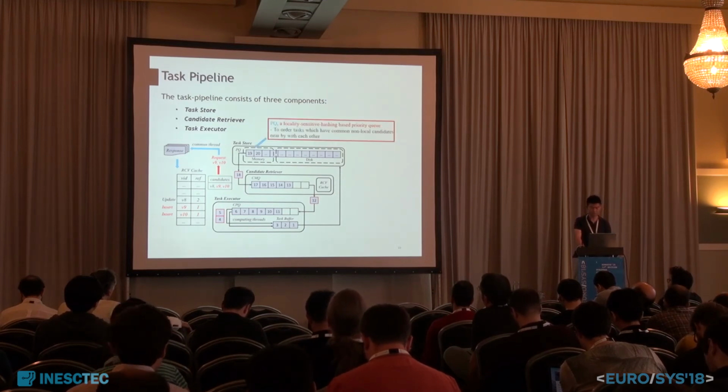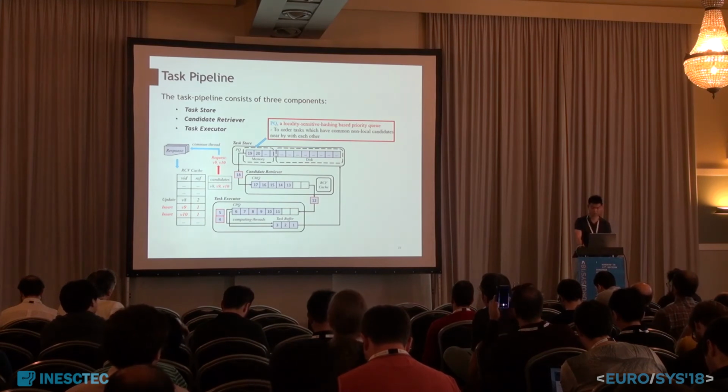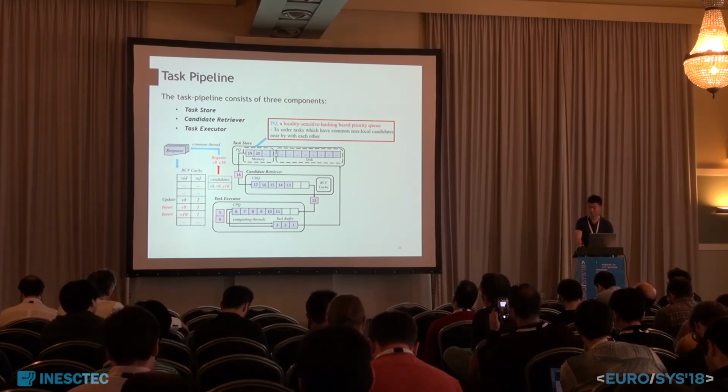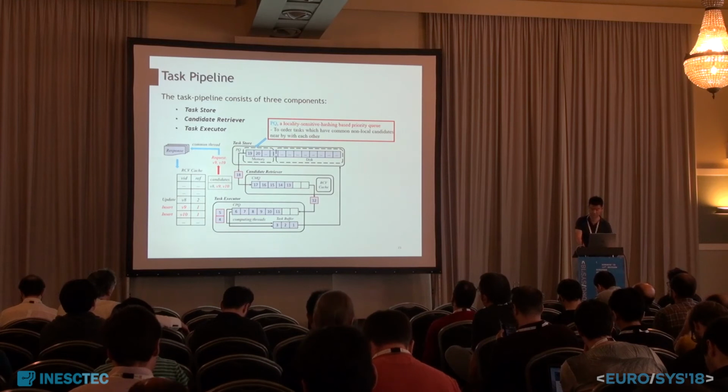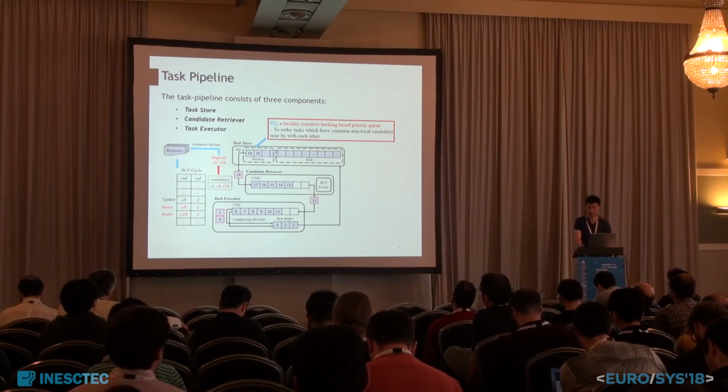So we defined a priority queue, which uses locality-sensitive hashing to give an order to the tasks, in order to locate tasks which have common non-local candidate vertices nearby each other in the same block of the task queue.